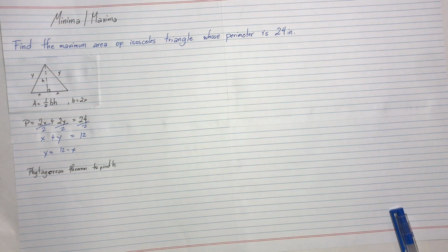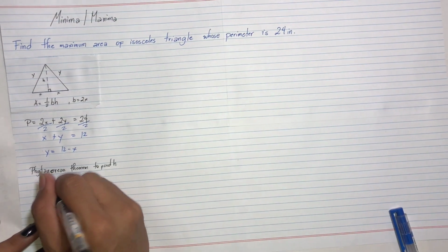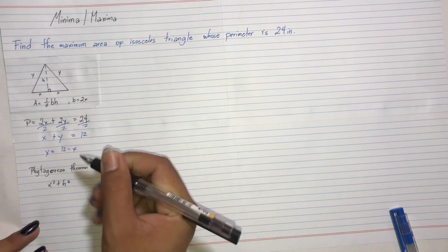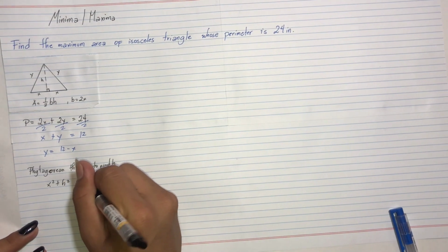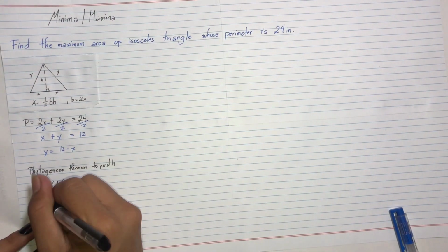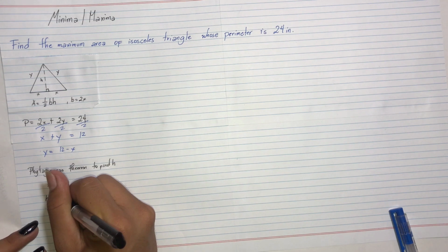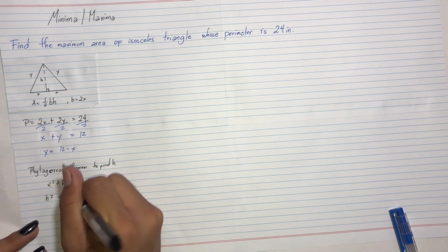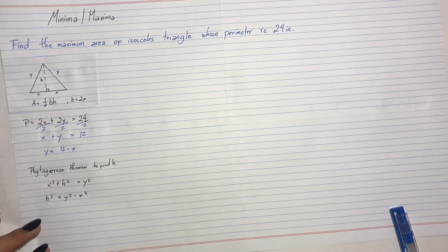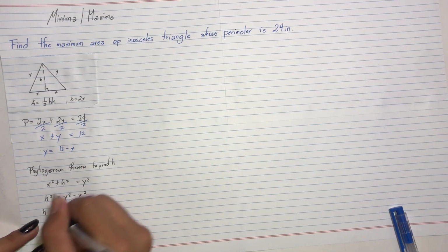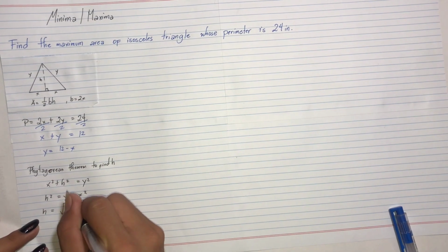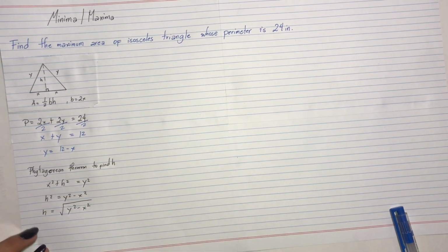That is x squared plus h squared is equal to y squared, where y is the hypotenuse. h squared is equal to y squared minus x squared. h is equal to the square root of y squared minus x squared.